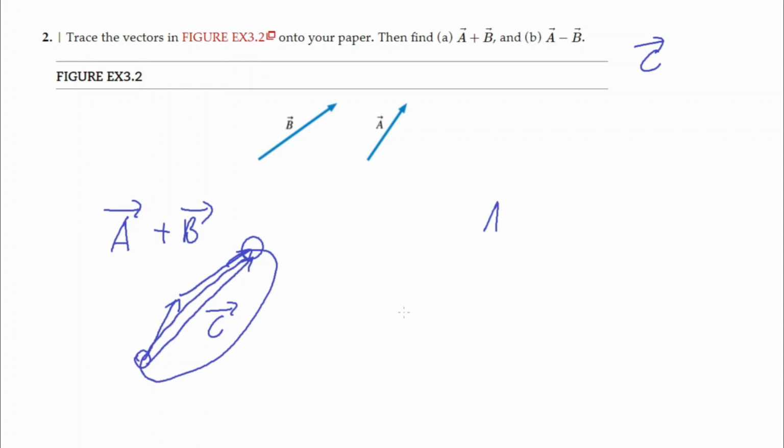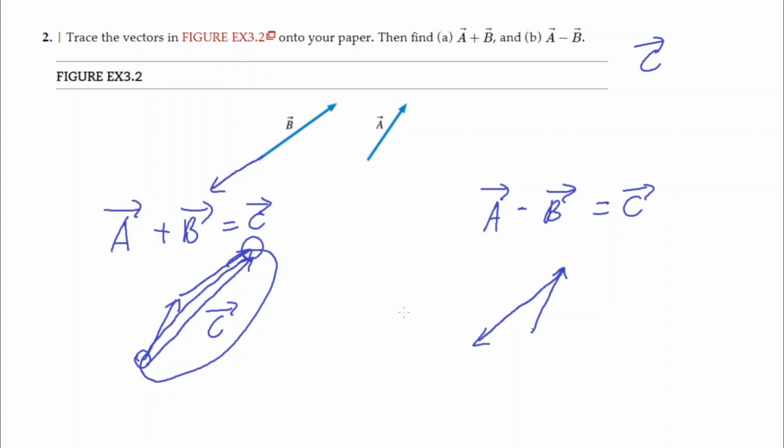And now vector a minus vector b. So again, we're going to use the vector rule here. So we're going to draw A. A is going to be positive, so it's going to be facing up. B, though, since B is negative, it's going to be going the complete opposite way. So we're going to have to draw B like, it's going to go like that.